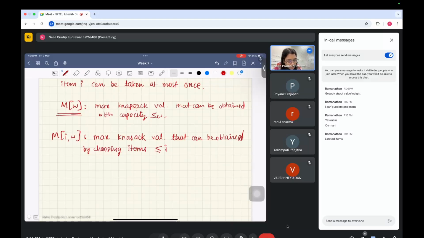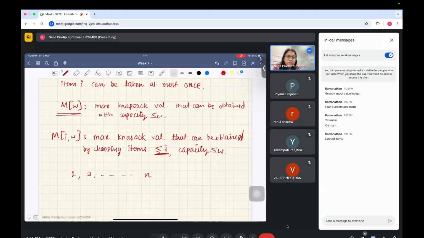That means I have labeled my items with the numbers 1 to n, and I'm only allowing you to choose from items whose label, whose number, is at most i. So when I say that i is 3, that means you can only choose from items 1 to 3. So this is what the i represents, and the capacity of the knapsack is at most W.